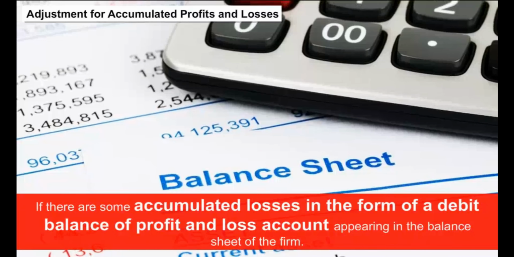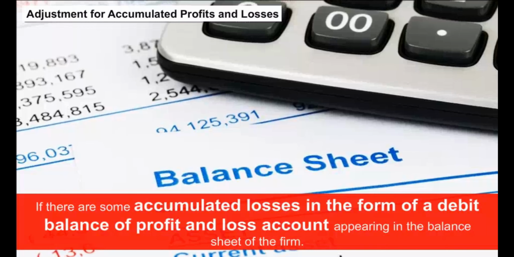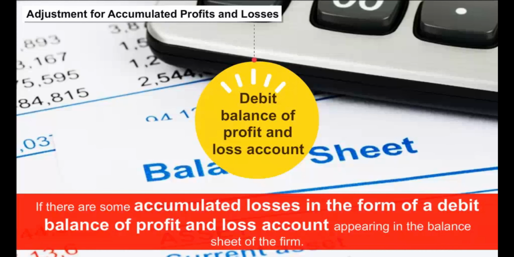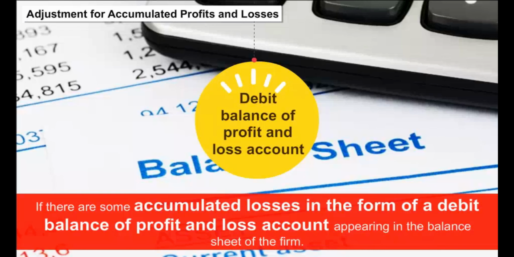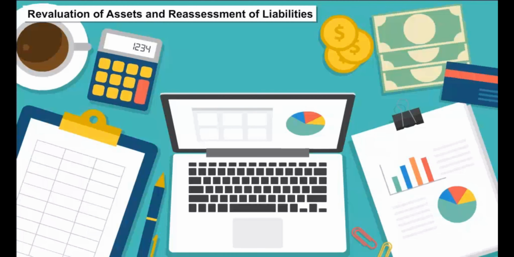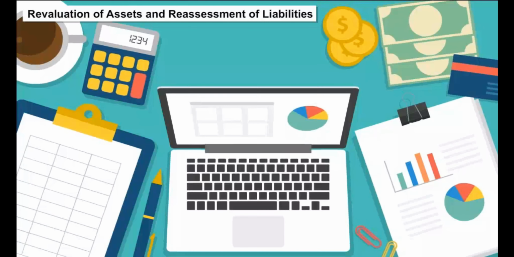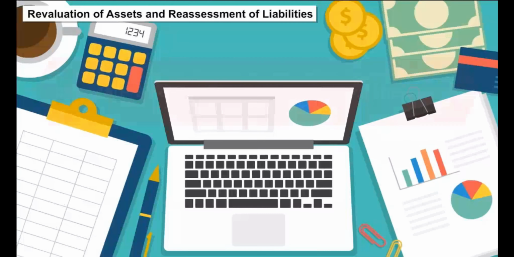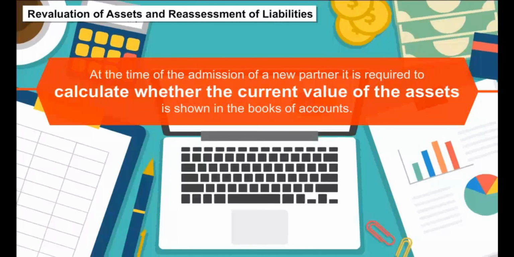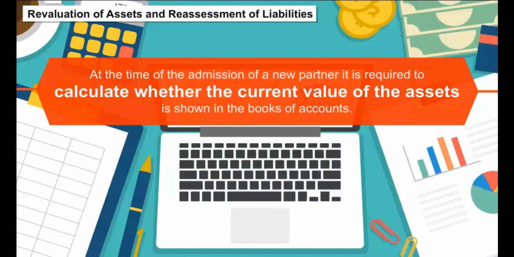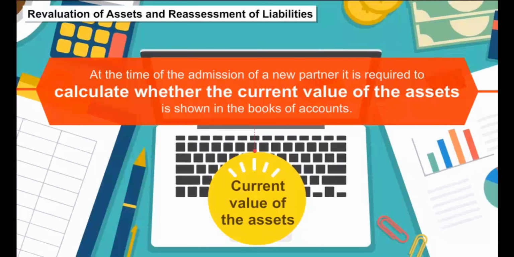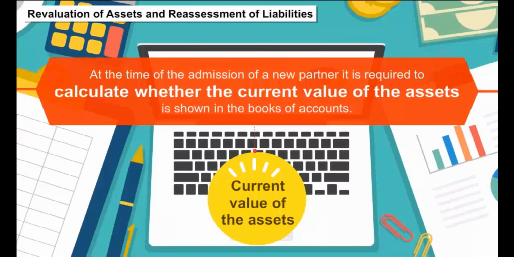And if there are some accumulated losses in the form of a debit balance of profit and loss account appearing in the balance sheet of the firm, the same treatment applies. Revaluation of assets and reassessment of liabilities. At the time of the admission of a new partner, it is required to calculate whether the current value of the assets is shown in the books of accounts.